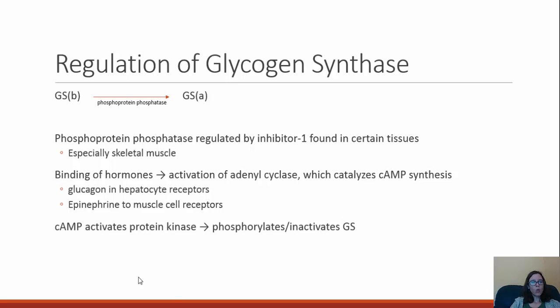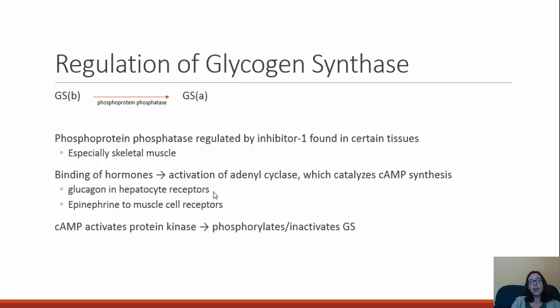So when we have our hormone signals such as glucagon or epinephrine, it activates cAMP synthesis, and then cAMP, which is our second messenger, remember, activates protein kinase, which phosphorylates or inactivates glycogen synthase. So the hormone just depends on the location. It's glucagon in the hepatocyte receptors. So just kind of remember back to your past classes, when glucose levels are high, when glucose levels are low, we have the hormone glucagon.